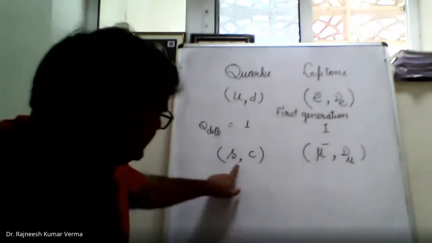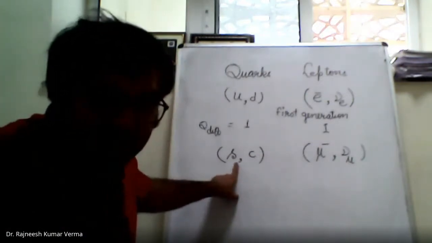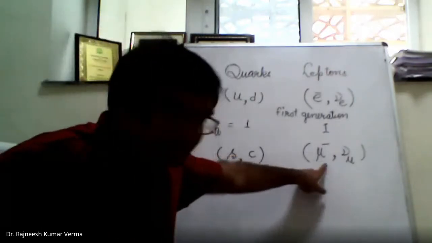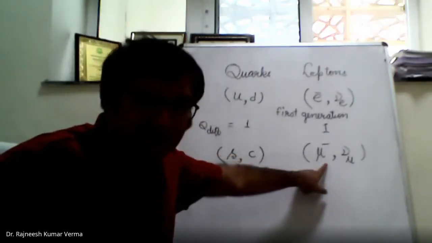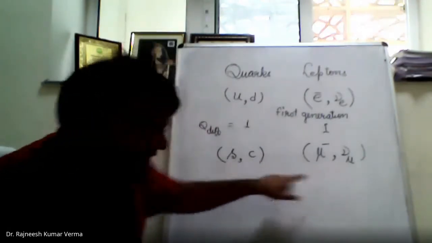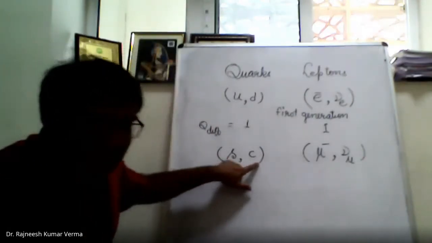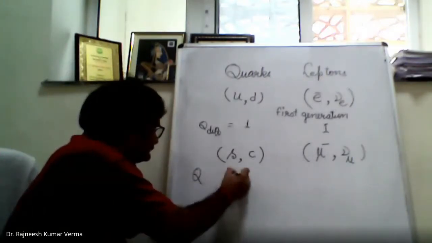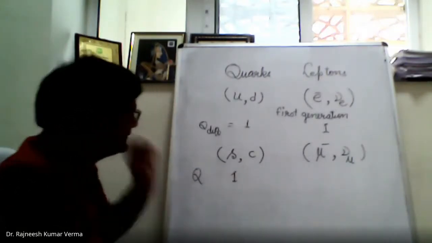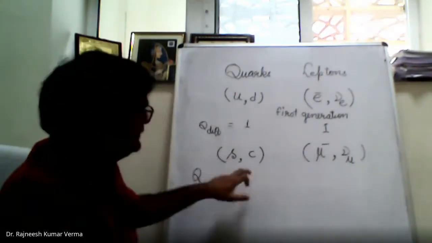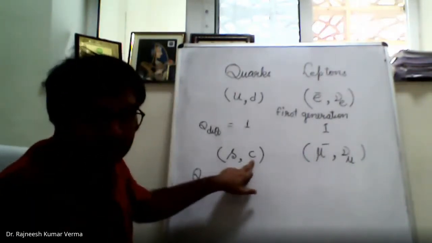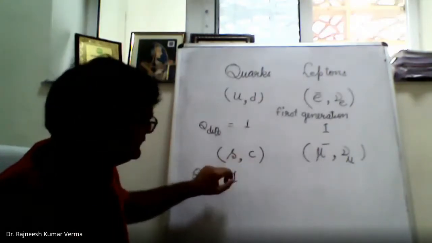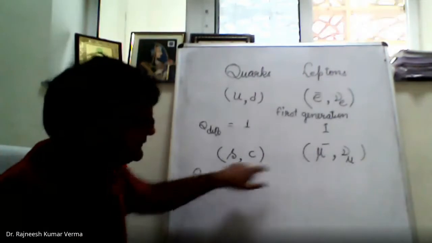So the second generation has quark family, strange quarks and charm quarks. And in the lepton family, we have muon and its neutrino. Again, you can check the charge difference between these two is 1 unit. Charm quarks have a charge plus 2 by 3 and strange have minus 1 by 3, so there is a difference of 1 unit of charge.